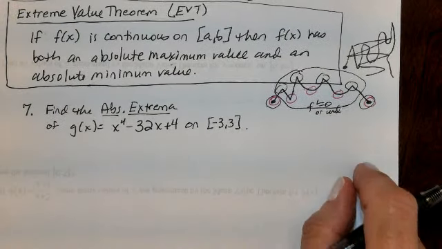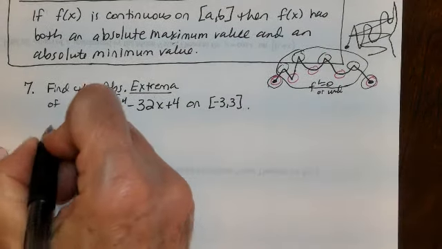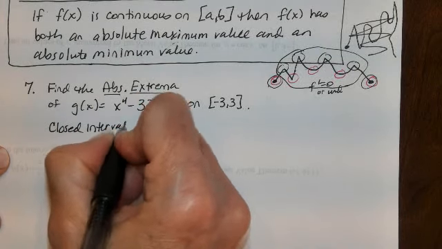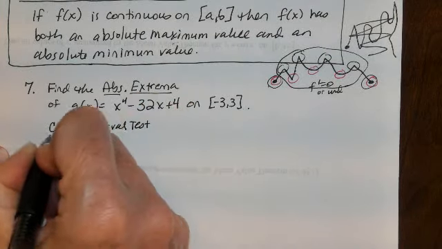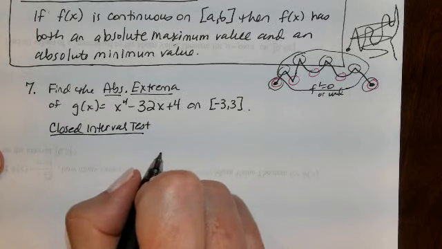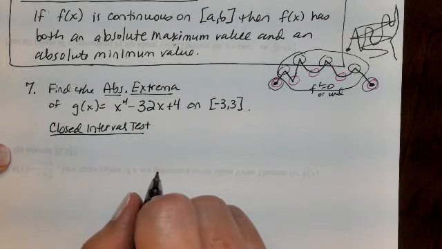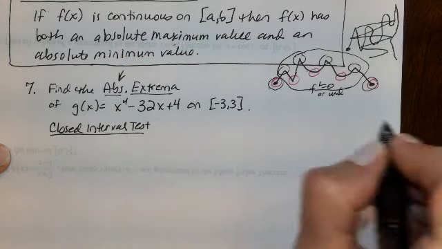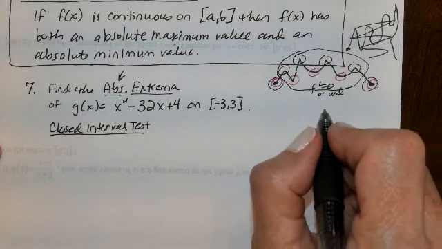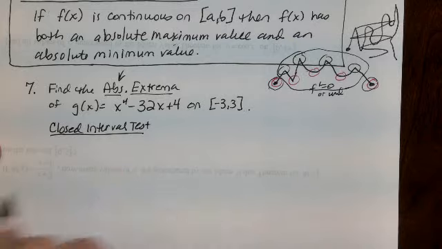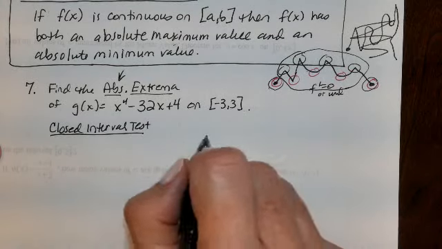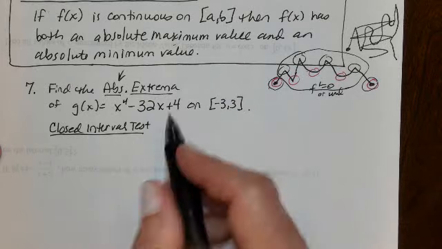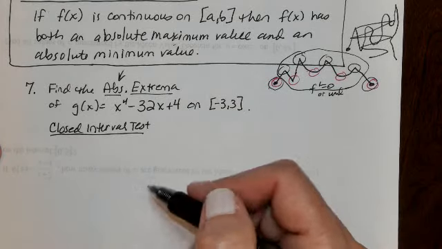So we're going to make a little table. This is called the closed interval test, and the closed interval test will always guide you in how to do an absolute extrema problem. You may not be able to finish with it, and we'll do some like that, but it'll always guide you in what to do, all right?